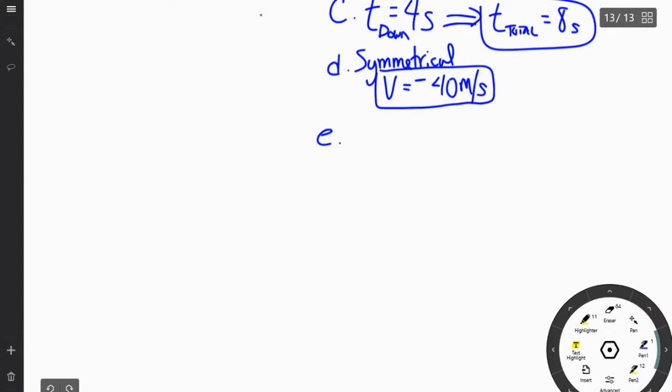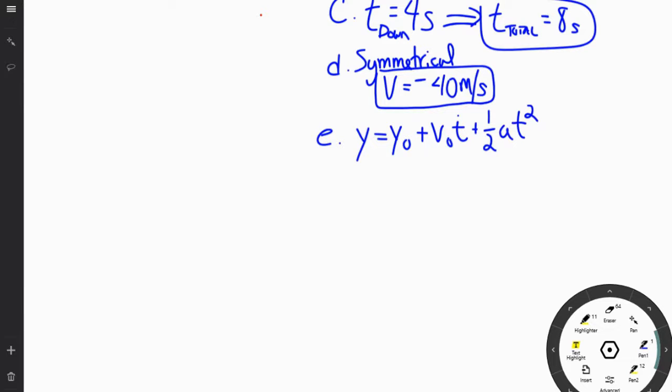Okay, so what you can do for part E is you can expand out that delta y equals v0 t plus 1/2 at squared equation, to be very much like what we did for the displacement part, or the how high above the ground part.